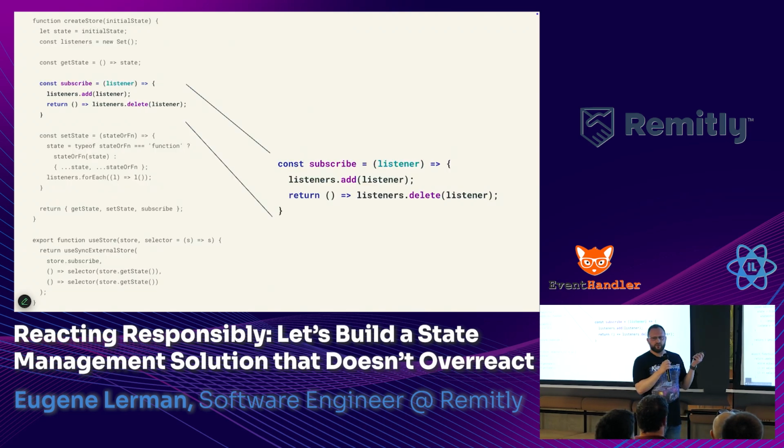Okay, let's keep going. The subscribe function. Okay, now things are getting a little bit interesting. It is my contention that every state management solution needs to have some sort of pub-sub mechanism, like publish, subscribe. And in this case, it's really simple. We're passing the subscribe function the who. It's the listener.